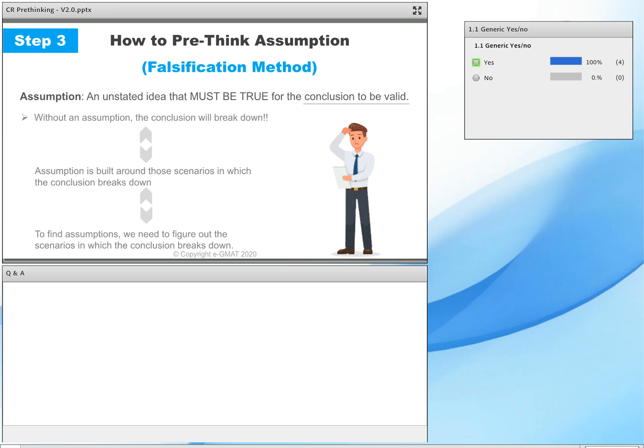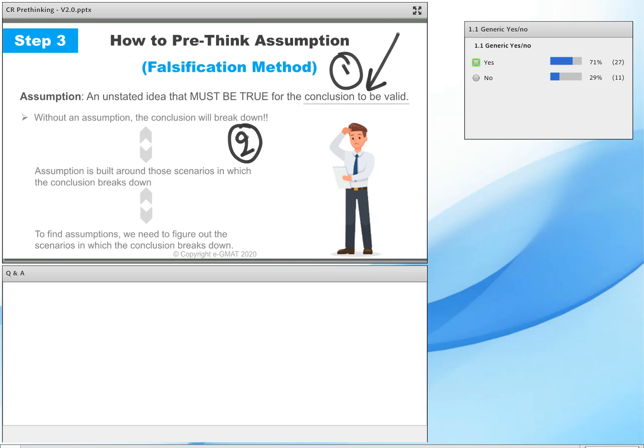Does that make sense? Okay, that's the only thing that you need other than that definition of assumption over here. 80% of you get it. The other 17%, let's get a few more yeses and nos over here. The goal of an assumption is to make sure that the conclusion stays valid. That's number one, which means that if the assumption is not there, if that pillar is not there, then the conclusion has a possibility of breaking down.